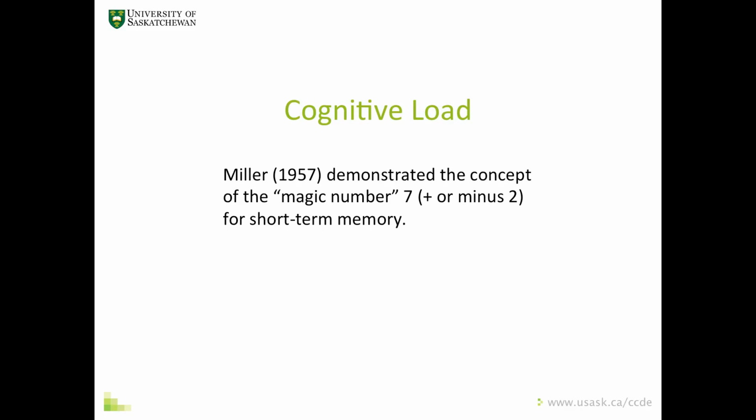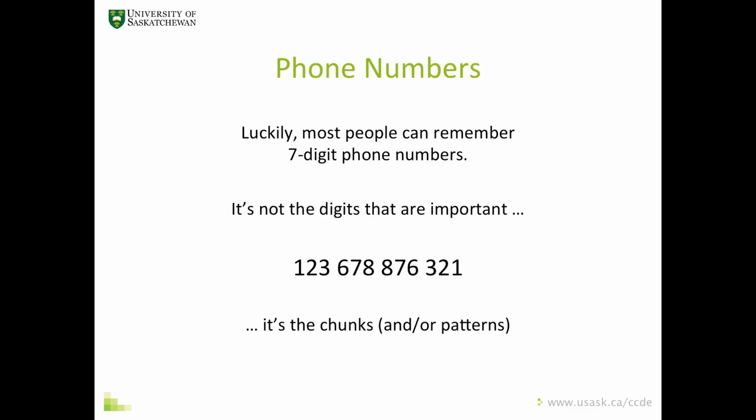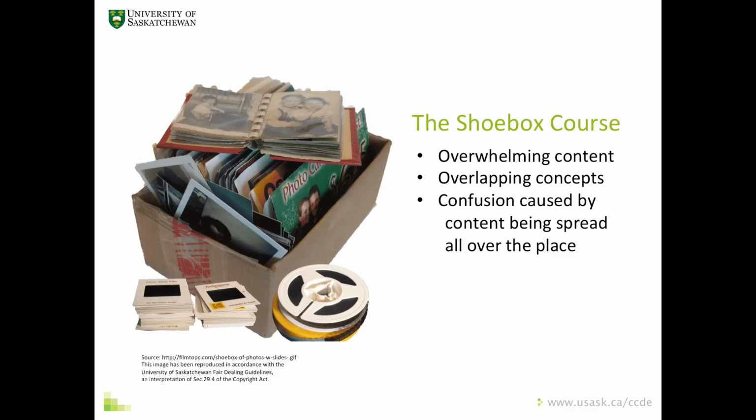That's the magic number that our cognitive load allows us to remember in our short-term memory. That's why we have 7-digit phone numbers, for example. But it's often not so much the amount of digits that is important, but the chunks and patterns that are created and that change whether the cognitive load is too much or too little.